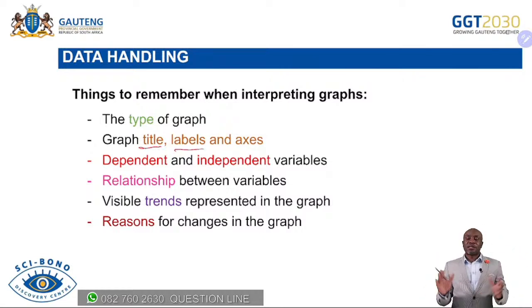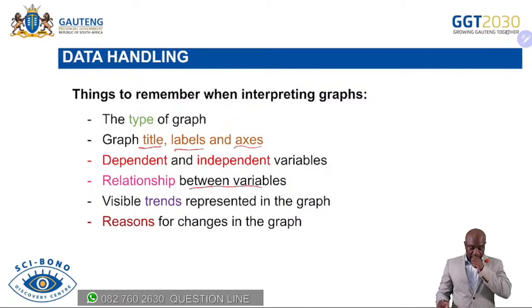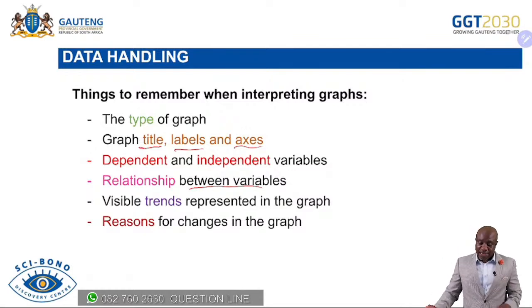The axes must be labeled. And what axes am I talking about? The independent and dependent axes, which will represent the dependent and independent variables. And you need to look at the relationship between variables. That is why you're drawing a graph. The graph gives you that pictorial view of your data.